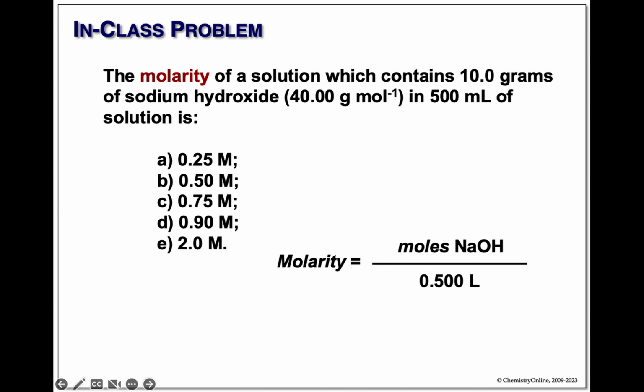Moles of sodium hydroxide, we are given a mass and a molar mass. That can't be simpler. Our grams cancel. Moles goes up top. 10 divided by 40, divided by 0.5. We have a half molar solution. Any questions?